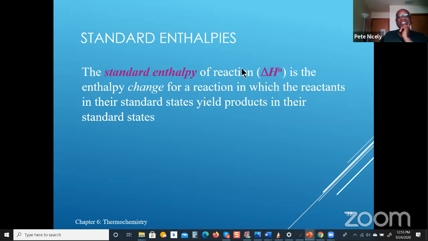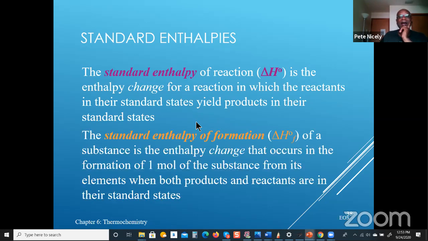So whenever you see this here, delta H, in reference to any enthalpy measurements, it's referring to the fact that those measurements were made under standard conditions of 1 atmosphere and 25 degrees Celsius, all right? And when it comes to standard enthalpy of formation of a substance, that is the enthalpy change that occurs for the formation of 1 mole of the substance from its elements when both products and reactants are in their standard states, right?